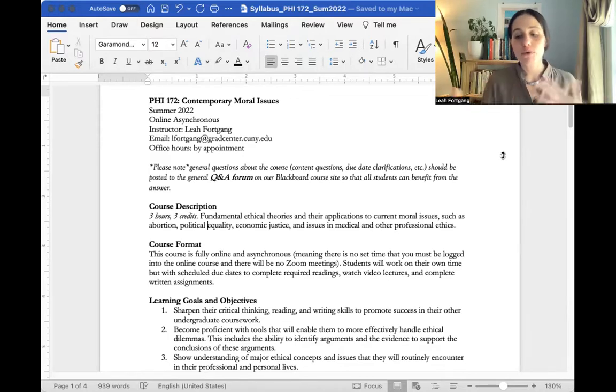So it's through these case studies, we might call them, that we're going to be practicing employing these ethical principles, as well as seeing them at work in other people's arguments. So it's learning about these concepts through practice, in essence. Like I mentioned about the course format, it's a totally asynchronous course, so there are no Zoom meetings or anything like this. You do get to work on your own time, but it is a pretty severe time crunch.